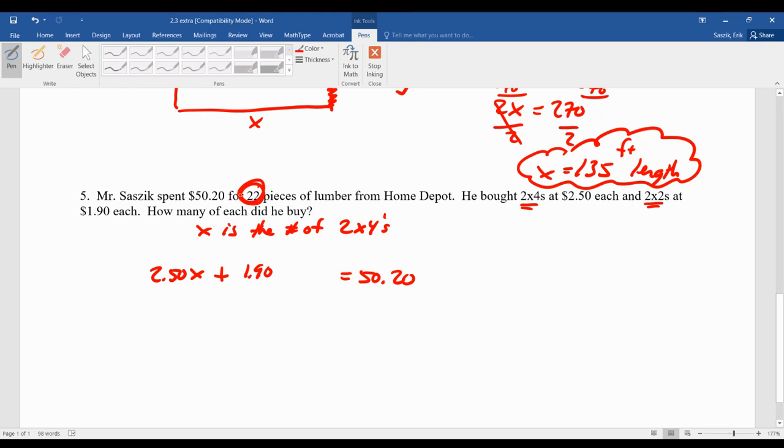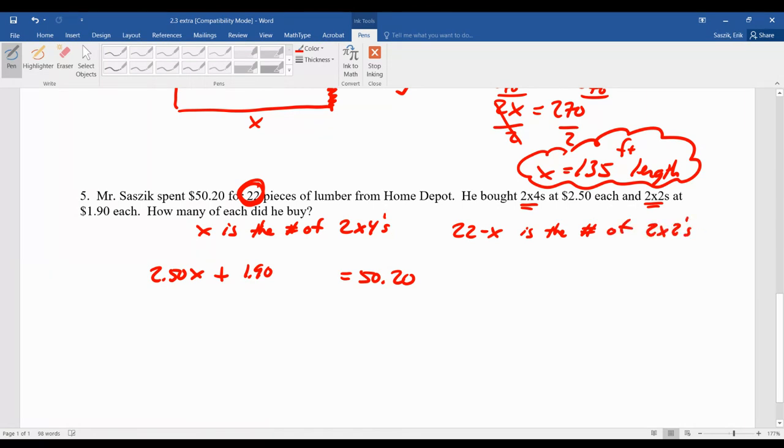Well, you see, if you look through the information up top, the only thing that we haven't used so far is this. And you got to think a little bit. I bought 22 total pieces of lumber. So if X of those was 2x4s, that means the number of 2x2s would have to be 22 minus X. Right?